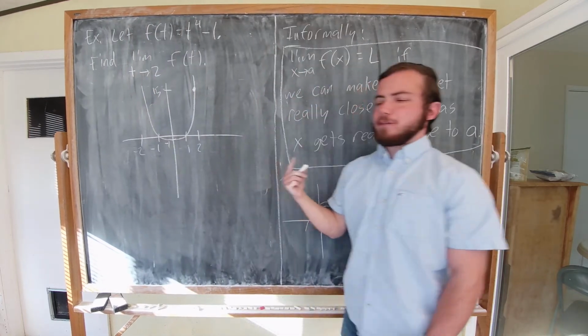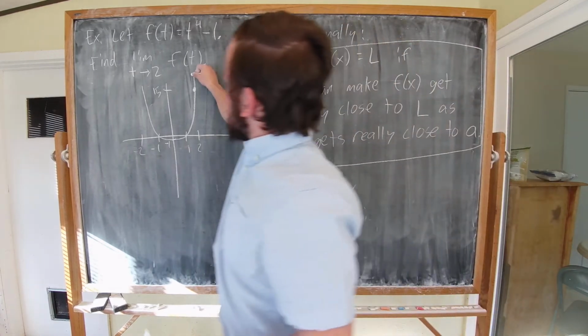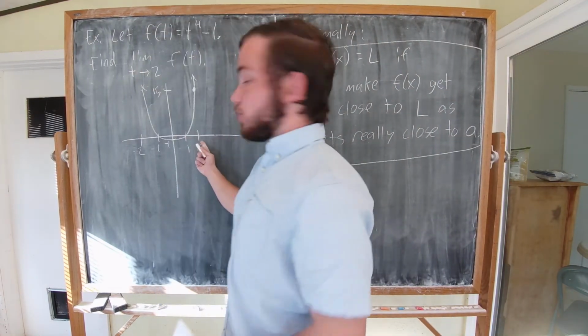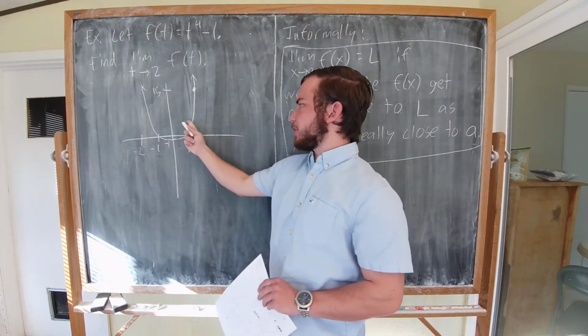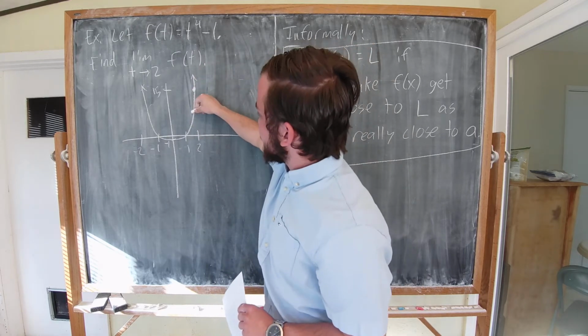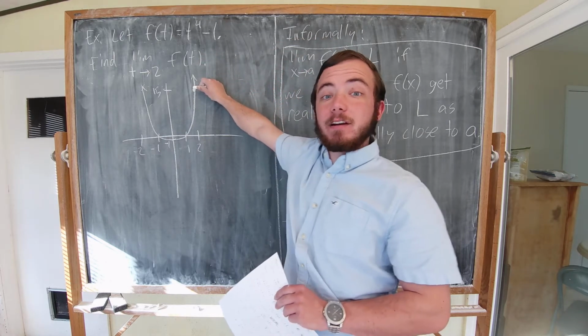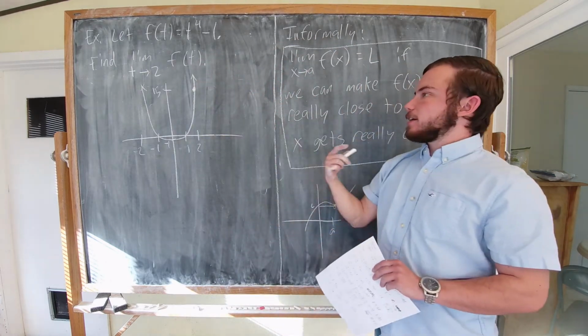So the point (2, 15) is on the graph. We see that as we approach 2 for our x value, from both the left and from the right, f of x gets really, really close to 15 from the left and really, really close to 15 from the right.